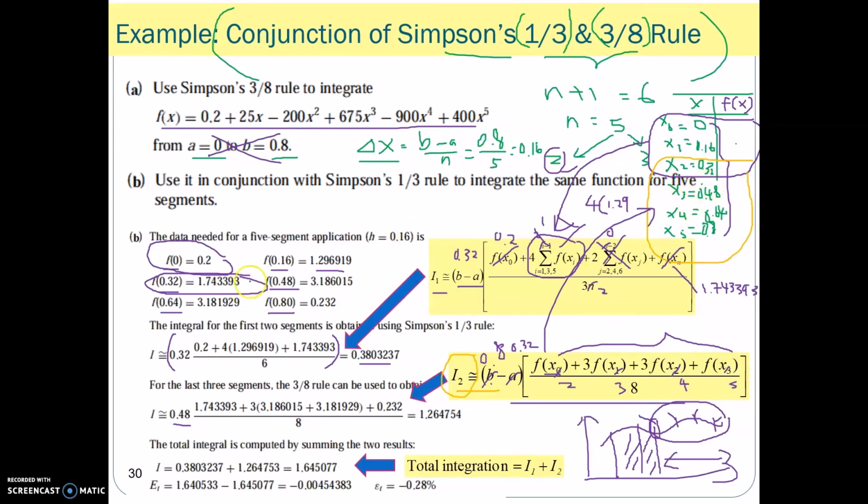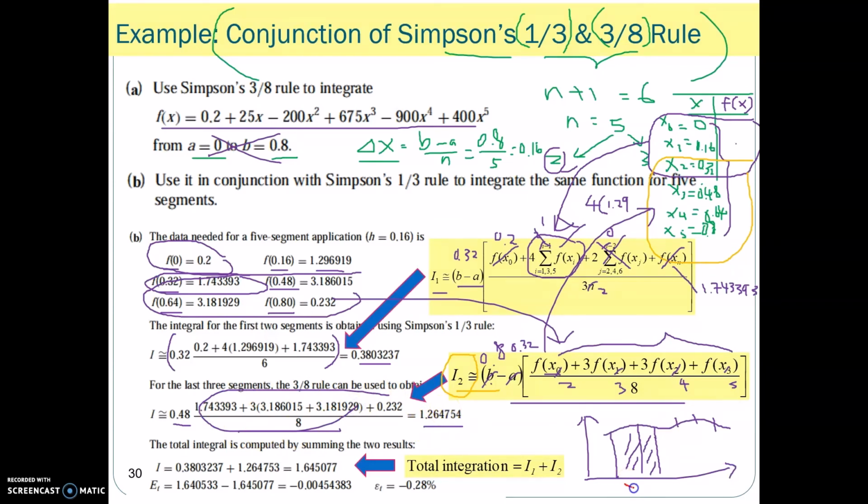And then substitute all the data here inside. Then you should obtain this parameter. After you compute it, you should obtain the result for the integration. So you have successfully used the Simpson's 1/3 rule to obtain the area for these 2 segments, which is equal to this answer.